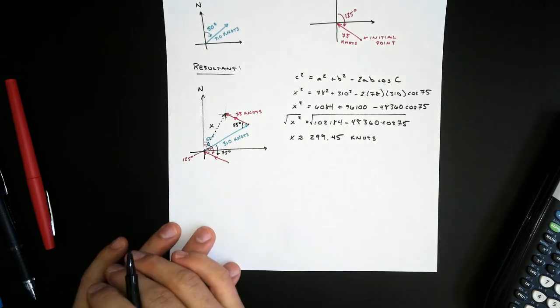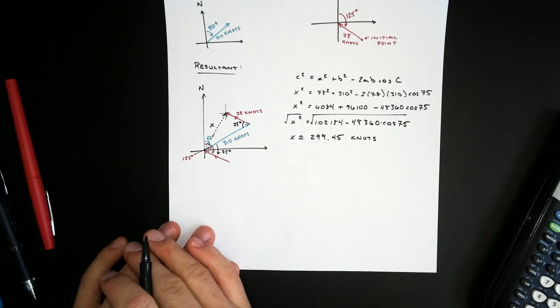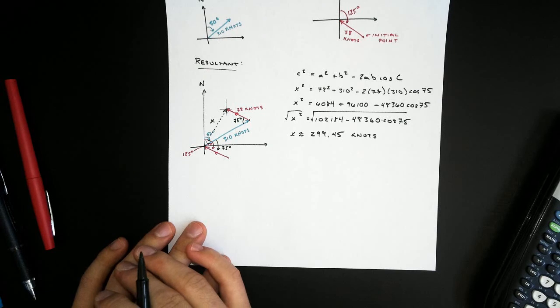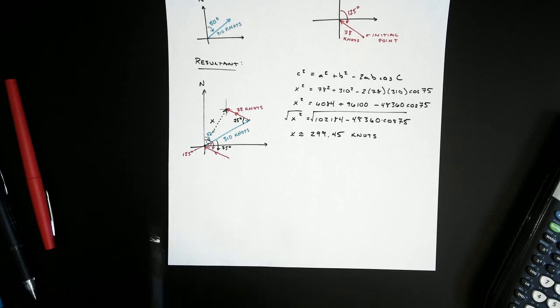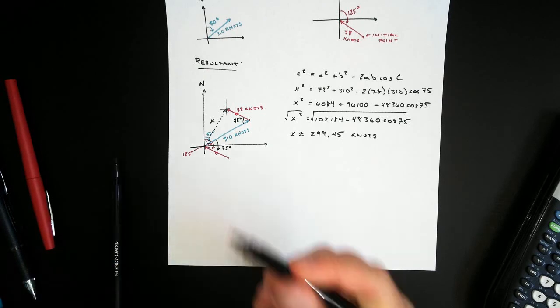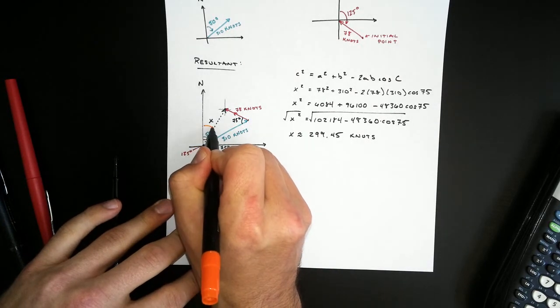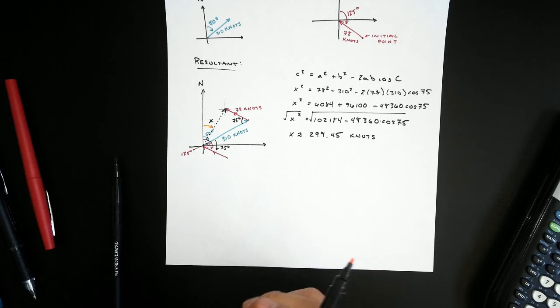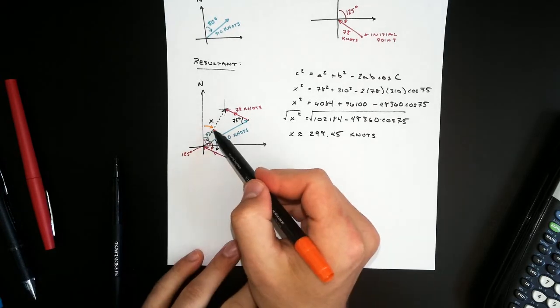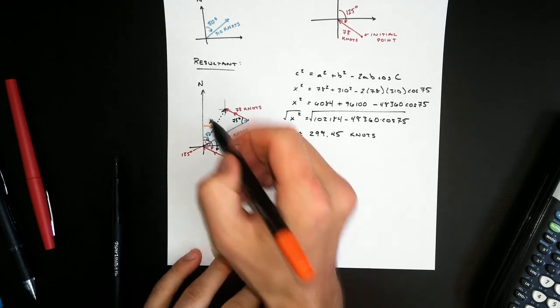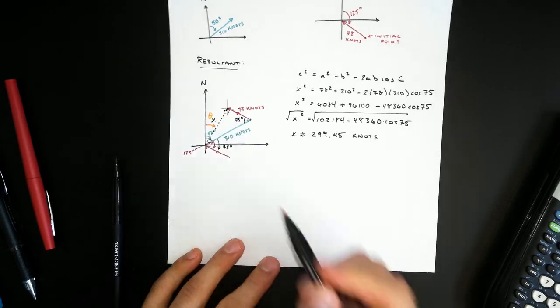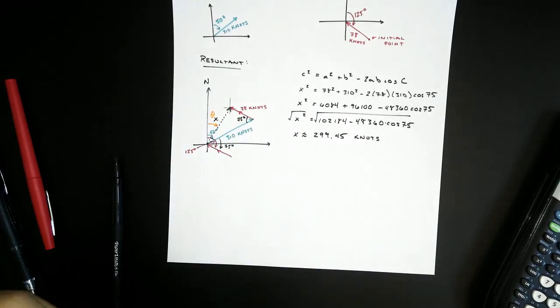That takes care of half of what you're looking for. The other thing we need is the actual direction of the plane. So really what I'm trying to find is the angle starting at the north and then rotated over to our resultant vector. Maybe we'll call that angle theta.